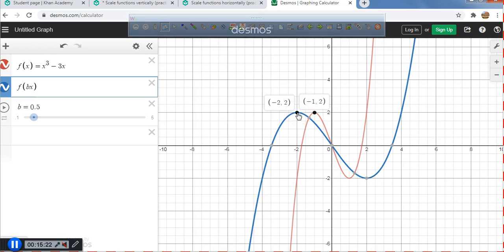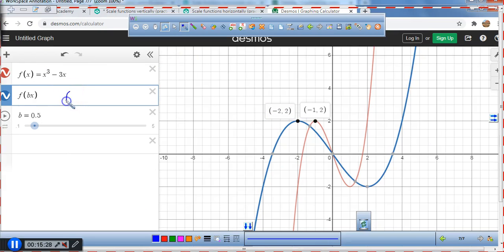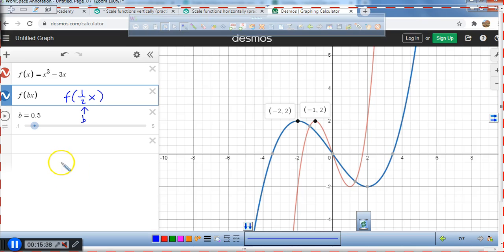From -1, it's now at -2. So if I have f of 1/2 x, even though my b value is a half, it's been horizontally stretched by a factor of 2.